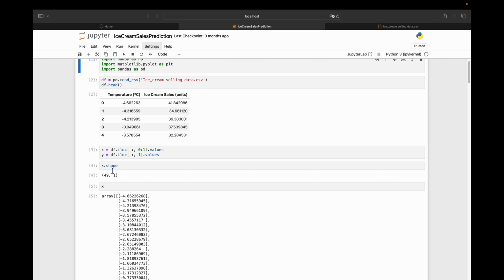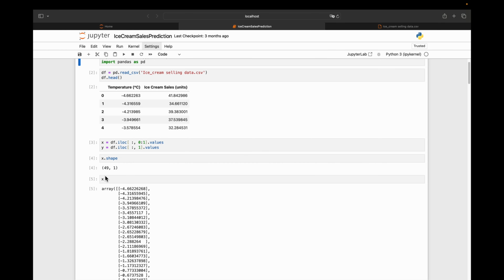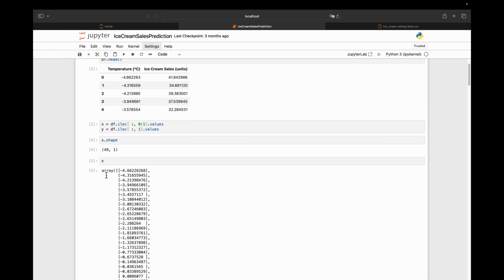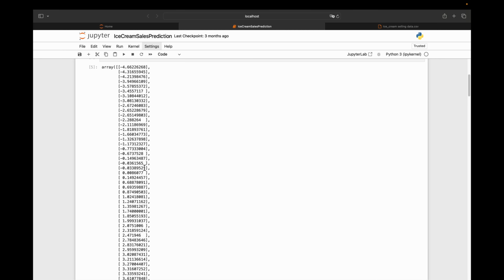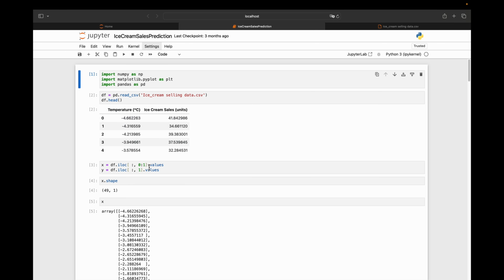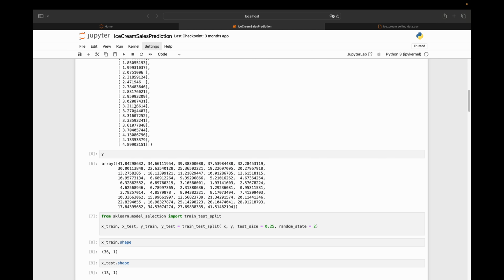If I observe X.shape, there are a total of 49 points in our whole data set. If you want to observe those data points, we can print X, and X contains only the inputs, that is my temperature values. So these are all the temperature values that I'm having. Similarly, the corresponding Y's are in this particular NumPy array.